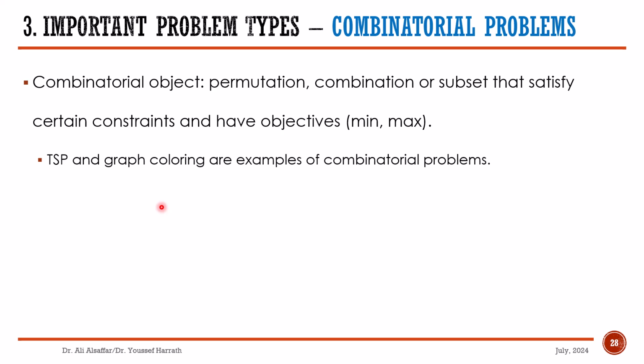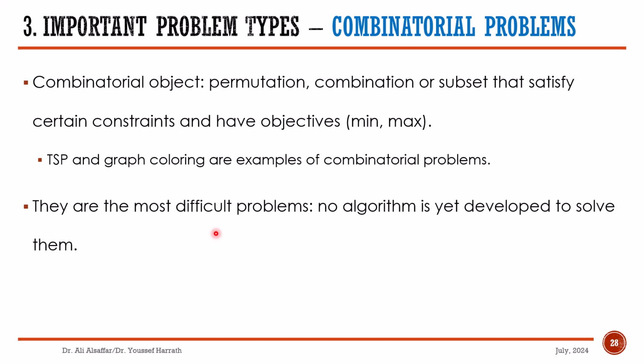Combinatorial problems. These are the problems that ask explicitly or implicitly to find a combinatorial object, such as a permutation, combination, or subset that satisfy certain constraints such as minimum and maximum. Examples of combinatorial problems are the traveling salesman problem and the graph coloring problem.